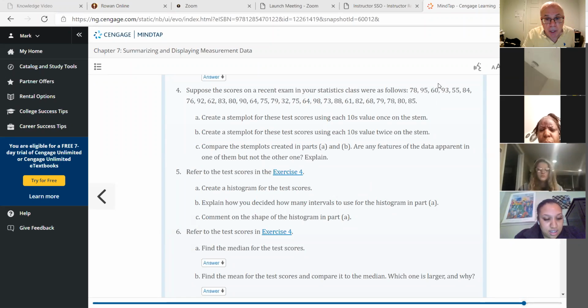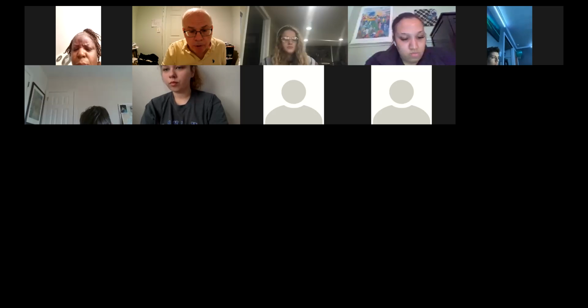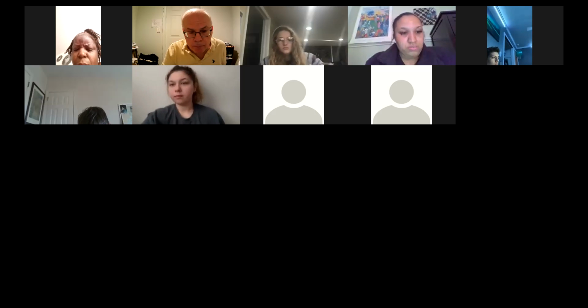And then the 60s, we have a 60 here, we have 62, 64, 60, there's 2 64s, 61, and 68. What we're doing is just displaying those numbers on this stem plot.